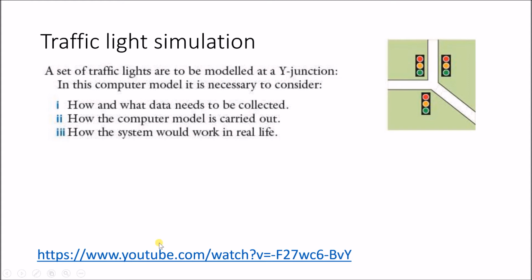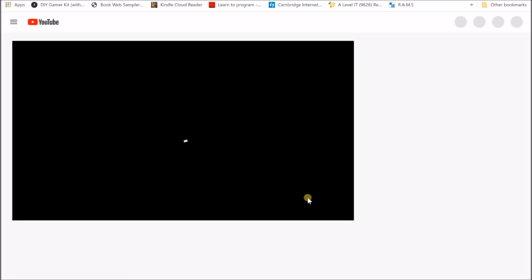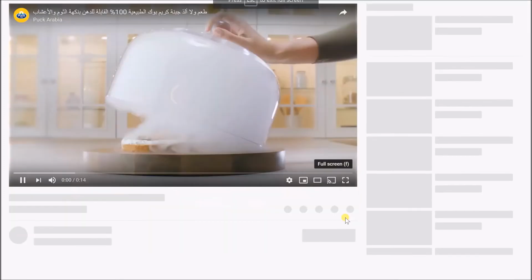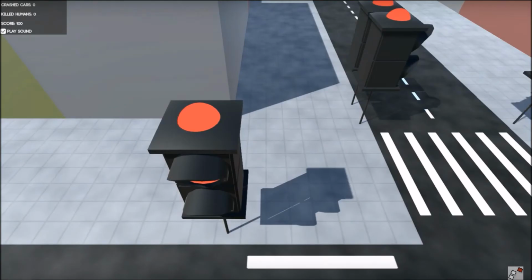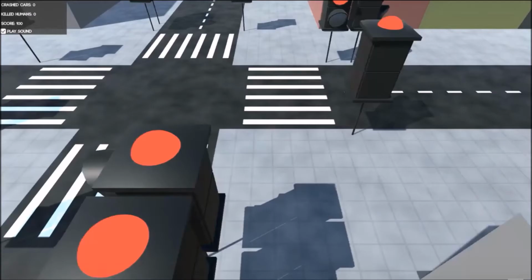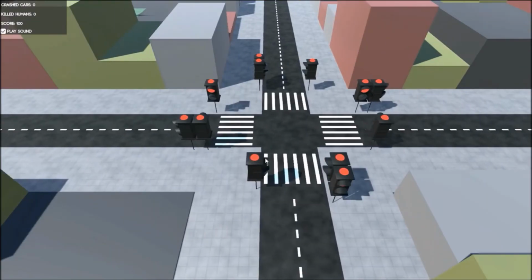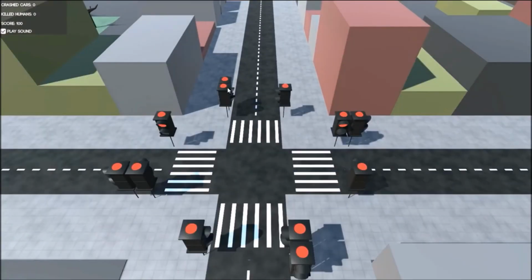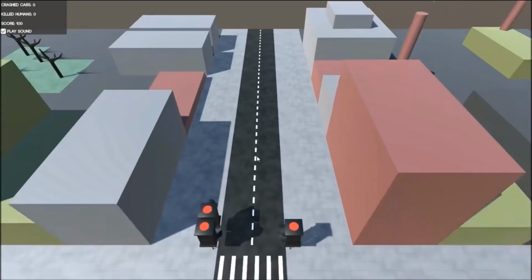Now, let's find out some example or demo about the traffic light simulation. We can find it here. First of all, it will be quiet and silent, just showing us the traffic.